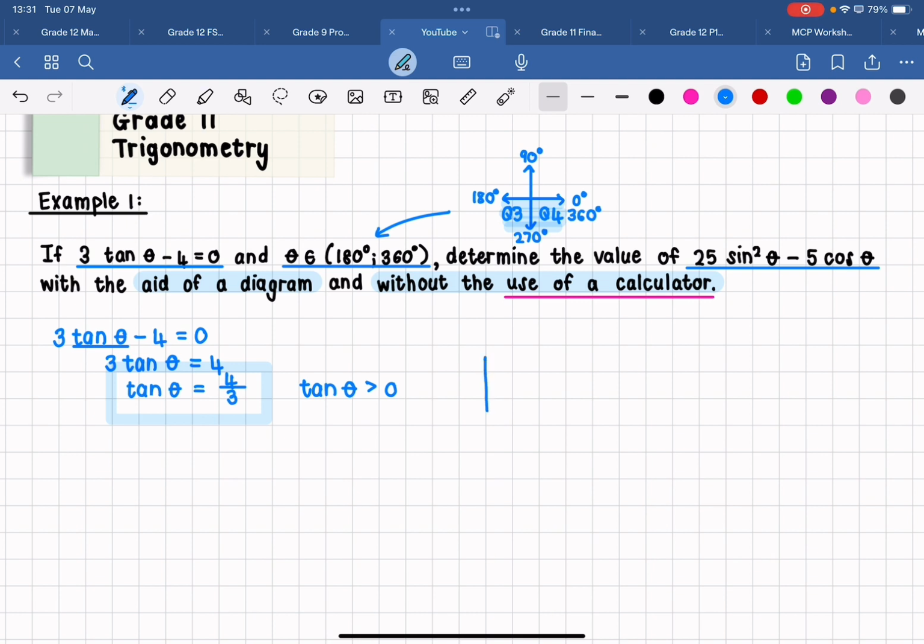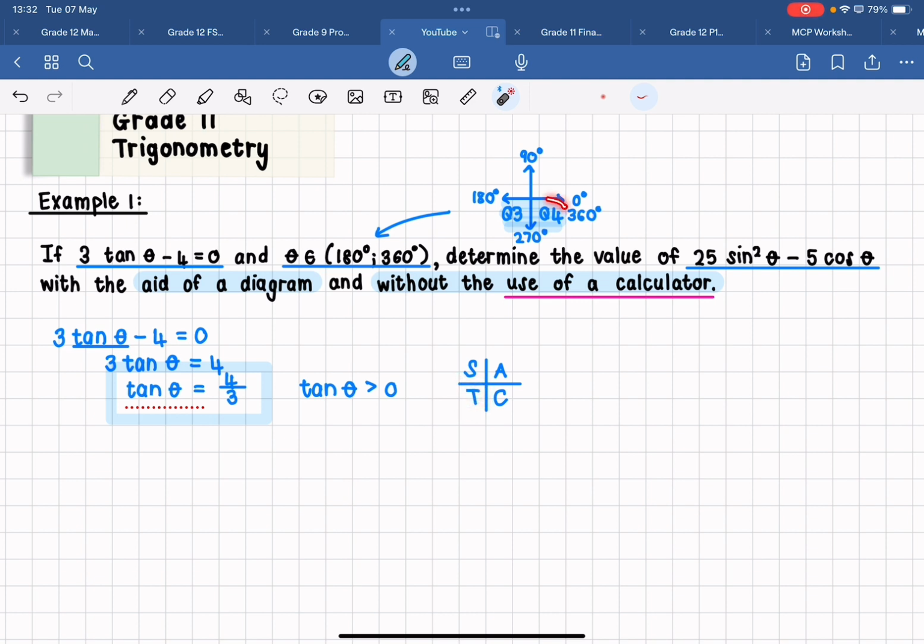Now, if you know your cast diagram, which hopefully you do, then you know that tan is positive in 2 quadrants. Tan is positive in quadrant 1, all the trig ratios are positive there, but then it is also positive in quadrant 3.